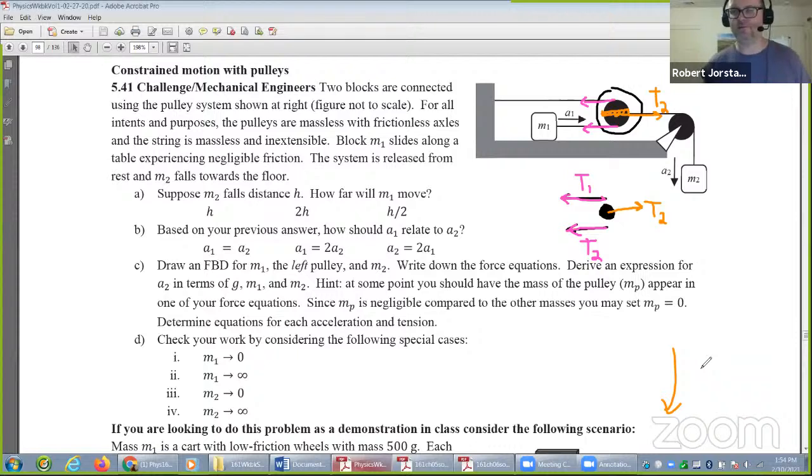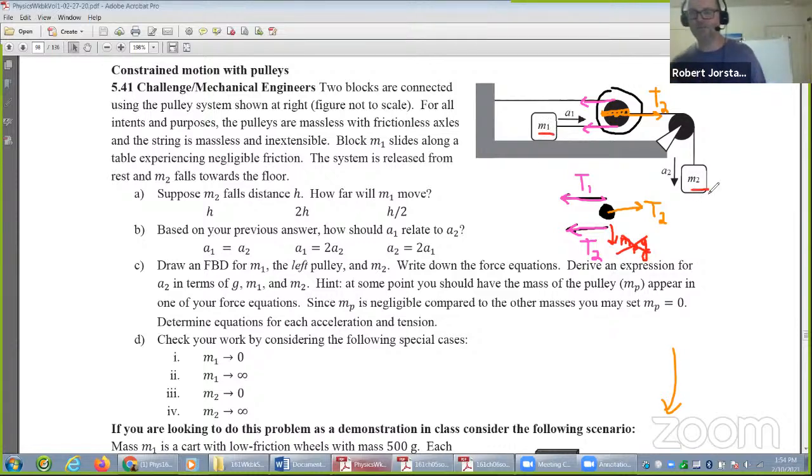But when we do this one, in this case, now there's some mass of the pulley. You might be saying, well, shouldn't there also be an mg of the pulley? You're right. We are going to assume, however, that this term is negligible. And I do that by using really big M1 and really big M2.